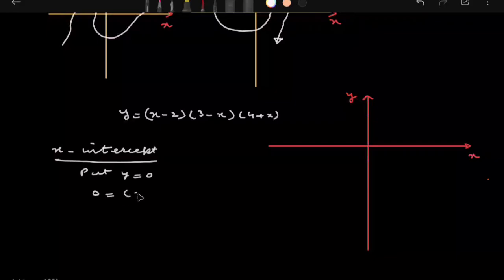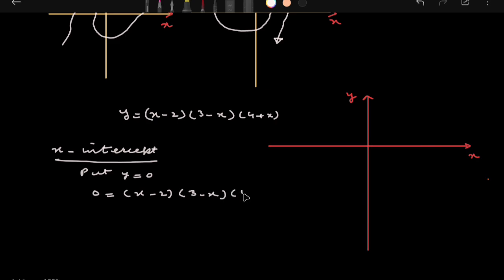0 is equal to (x minus 2)(3 minus x)(4 plus x). Now x minus 2 is equal to 0, so x is equal to 2. The coordinates would be (2, 0).